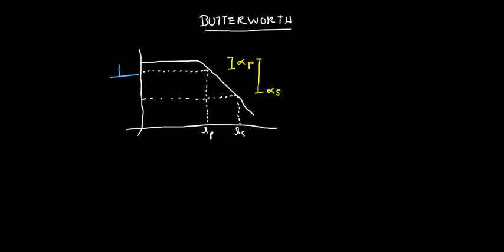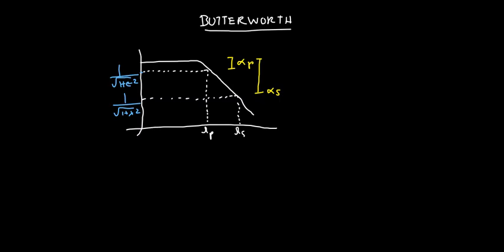This point is given by 1 by 1 plus epsilon square, and this is given by 1 by 1 plus lambda square. These two parameters are very important for you to understand.